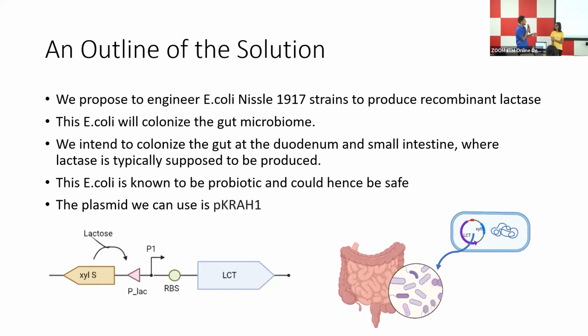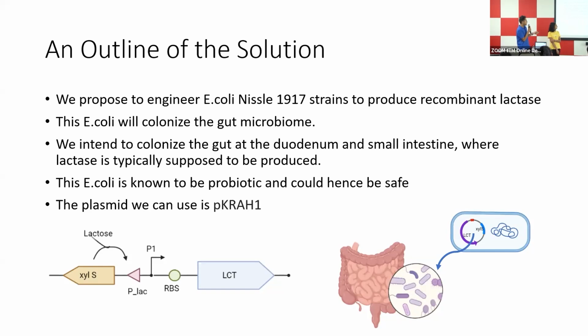The other major challenge that we wish to tackle was that lactase is typically produced mostly in the duodenum and the small intestine. So we would like to specifically have the E. coli colonize these regions of the large intestine and the small intestine.